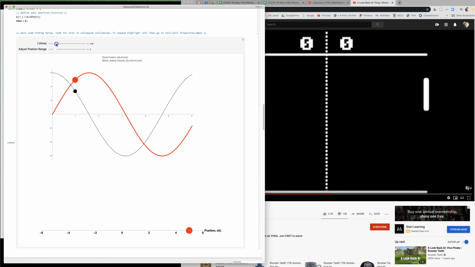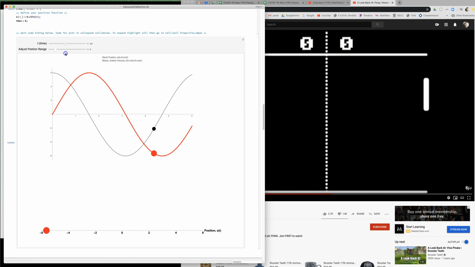And then at some point, at a certain time, we'll be at the biggest value of 6 sine of t, which is 6. So that's where we have our maximum position of 6. And then as time moves on, the Pong paddle is now going to start moving to the left, right?